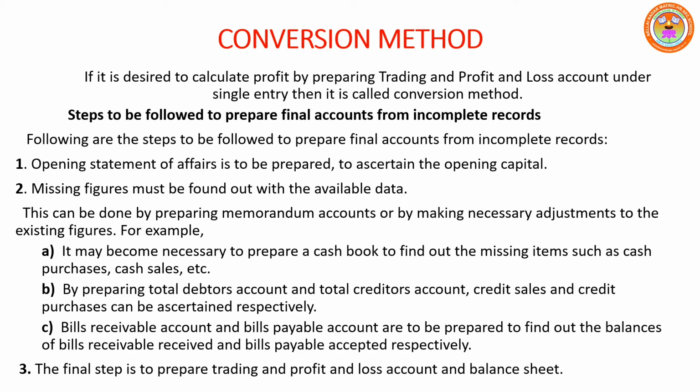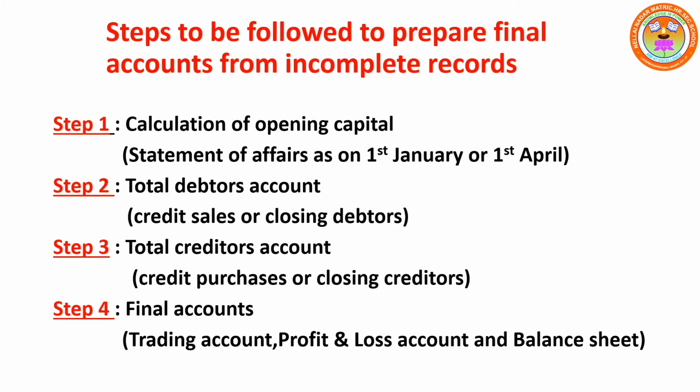Then we have to find out some missing figures with the available data. Have to prepare total debtors account, total creditors account, then final accounts to be prepared. In simple, these are the steps to be followed to prepare final accounts from incomplete records.